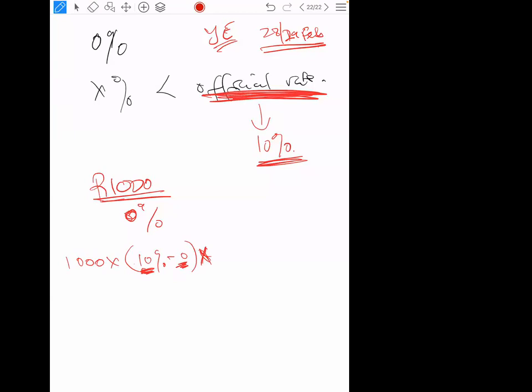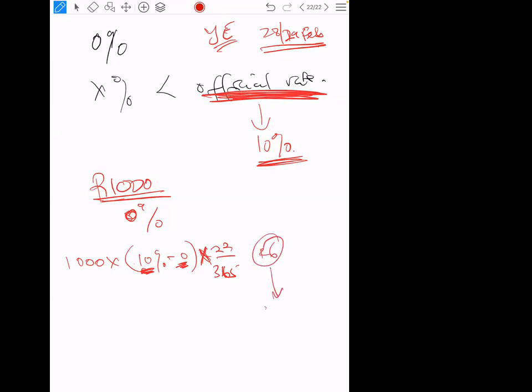For the purposes of tax, we use days. The moment you don't use days, we're out. So I'm going to say 1,000 times 10% times 22 over 365. Yes, I'm apportioning here because I have to calculate the interest up to the year end, or as long as the loan is being held. So what do they call this? This is an amount of 6 rand.